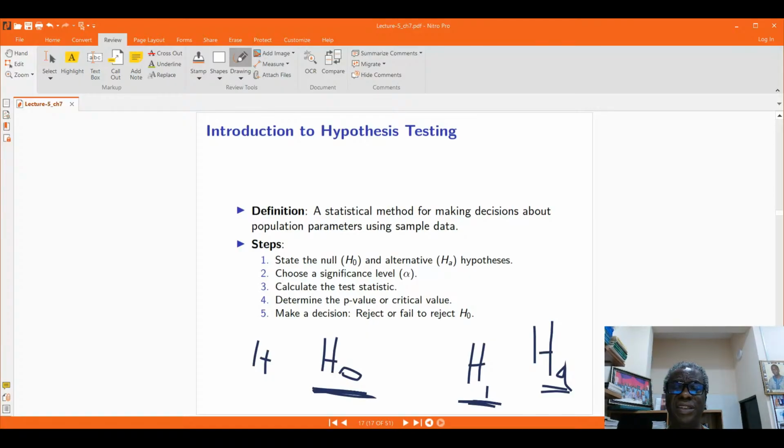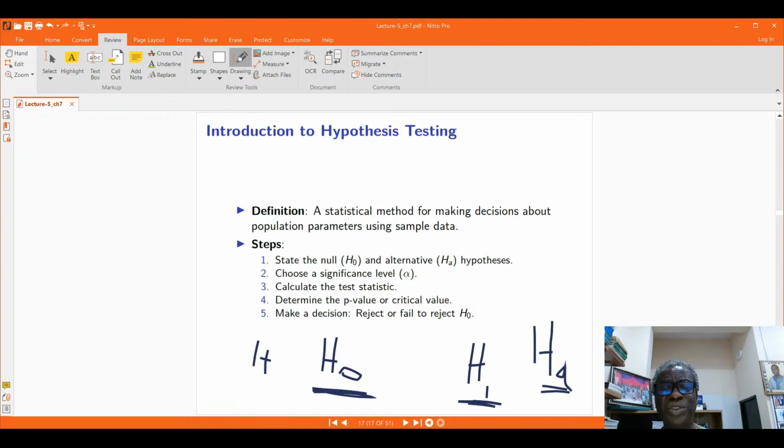If you reject the null hypothesis, it implies that the evidence available is actually supporting the alternative. And if you fail to reject the null hypothesis, it simply means that the evidence in your data is not strong enough to reject the null hypothesis.